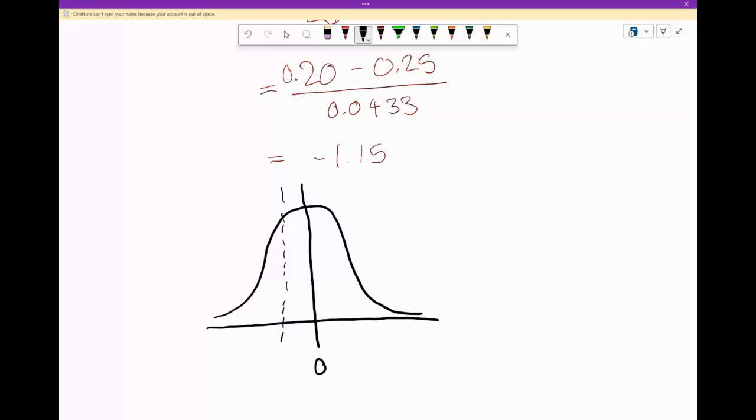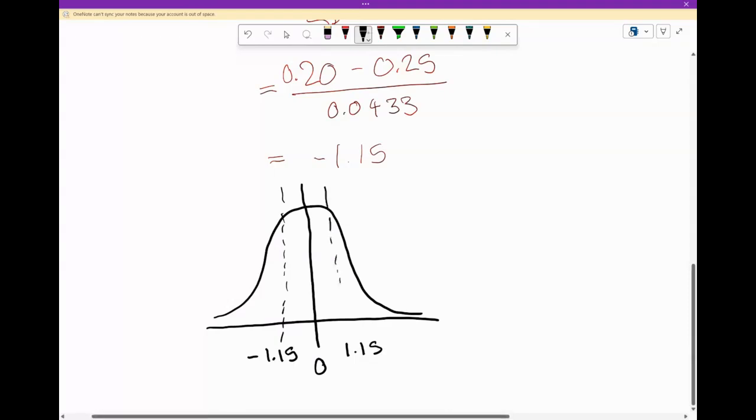Both sides are equal. Does that make sense? So instead of looking for negative 1.15, we can just look for positive 1.15. And the area between 0 and 1.15 should be the same. Can you see that? Okay.